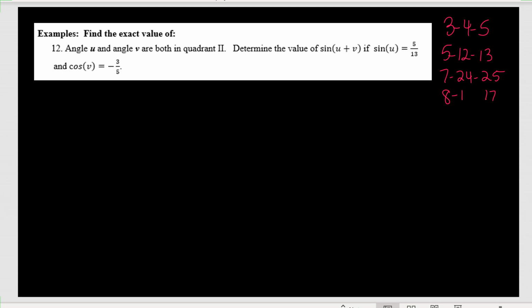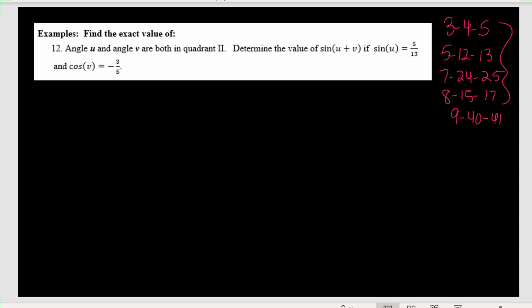And if we really wanted to get crazy, we could also do a 9, 40, 41. Most of the time you're going to see the top three, the 3, 5, and 7 ones being the ones that we do the most.